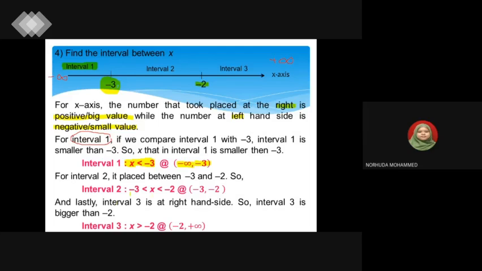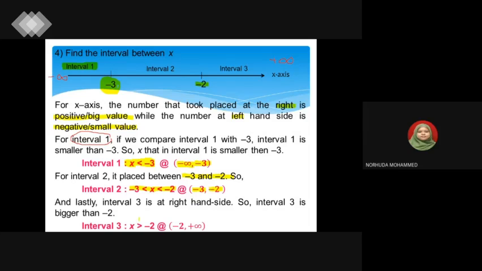Okay, interval 2 lies between negative 3 and negative 2. So, it's easy. x is bigger than negative 3 and smaller than negative 2. Or in bracket form, leftmost negative 3, rightmost negative 2.